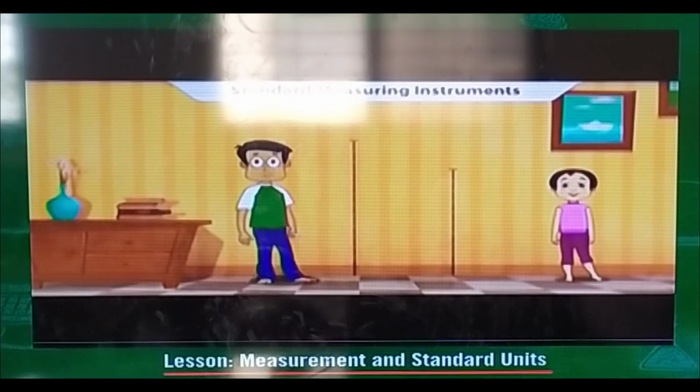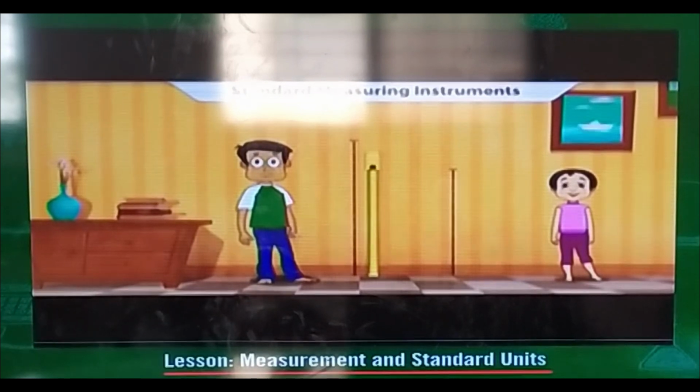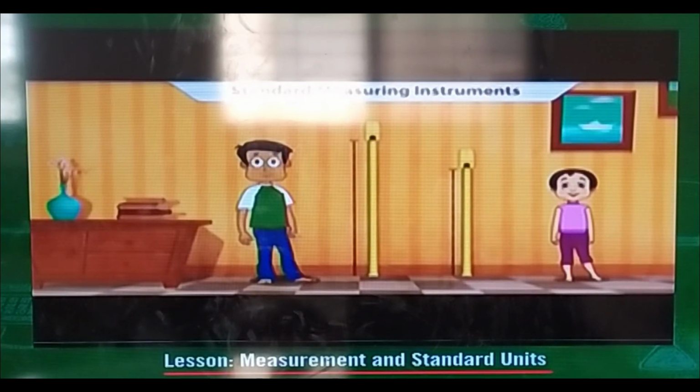So how do we measure the heights of Rahul and Rita? Yes, with a measuring tape. There you go. Look, Rita is 120 centimeters tall and Rahul is 140 centimeters tall. So, Rahul is taller than Rita.